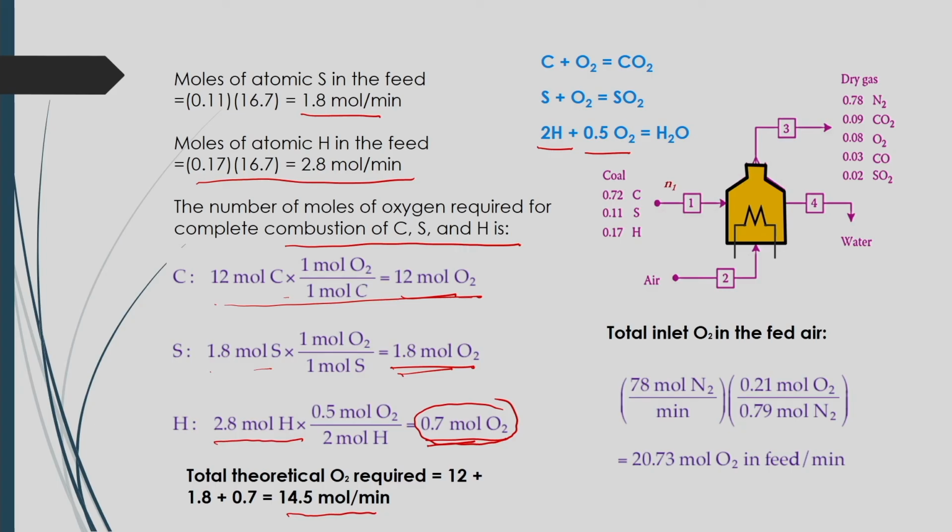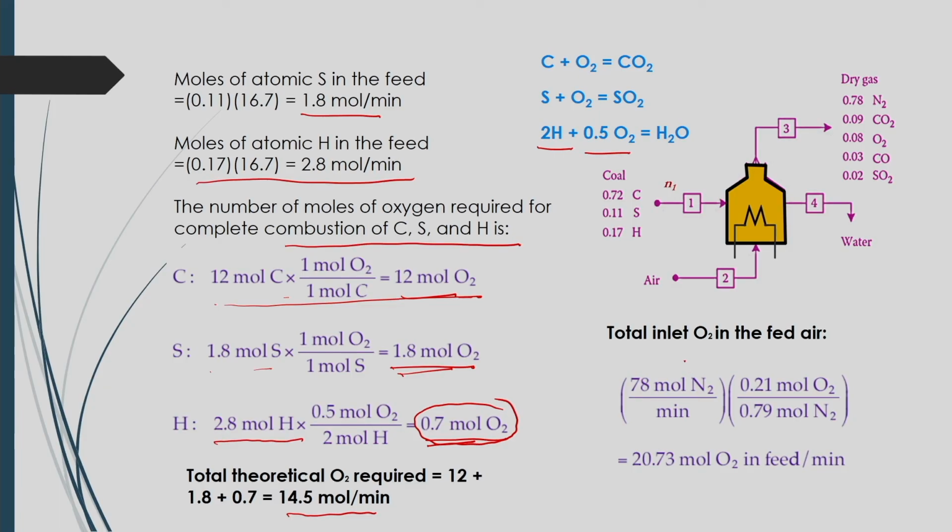This is your theoretical oxygen, but what will be the total inlet oxygen in the feed air? You know that the total inlet oxygen in the feed air will be calculated based on the nitrogen amount in the feed stream, because in the air you will see that there is 79% mole of nitrogen along with 21% of oxygen.